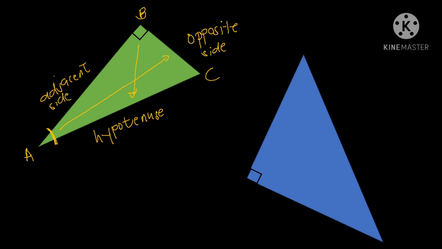Pero example, ang reference angle nyo ay andito sa C. Hypotenuse nyo, ito pa ding side AC. So, yung opposite side nyo ay ito ng AB.